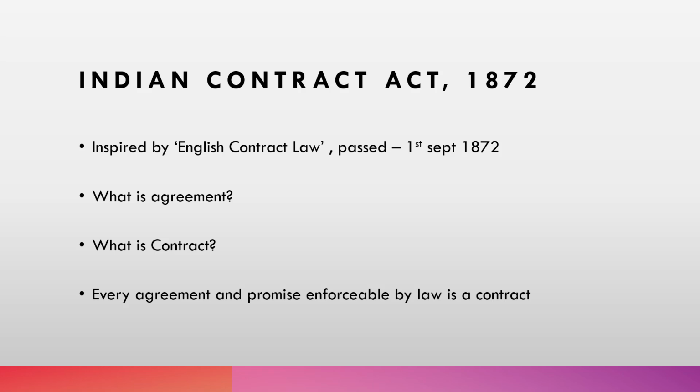In short, the difference between contract and agreement is, in agreement there are no such formalities of legal documents or legal activities, but in contract it is enforceable by law. There are some rules, some terms and conditions, some rules and regulations which are to be followed in the contract.